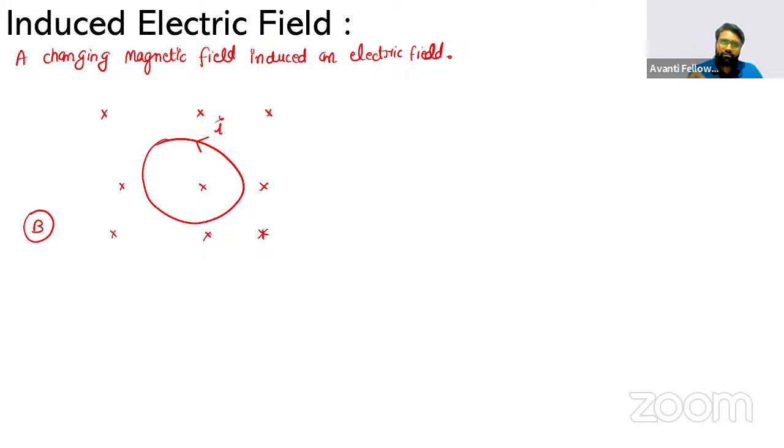So when we curl our finger in the anti-clockwise sense, the induced magnetic field is coming out as outward. So the direction of current will be anti-clockwise. Okay. So we will consider a very small segment of it, dl. Okay. क्लियर है?